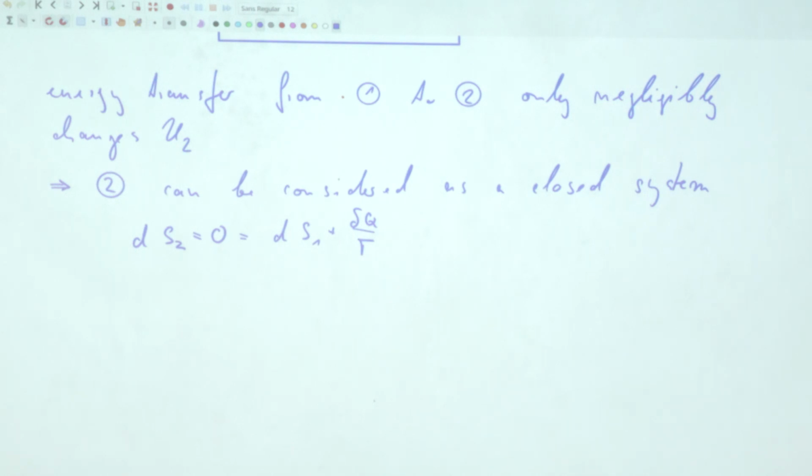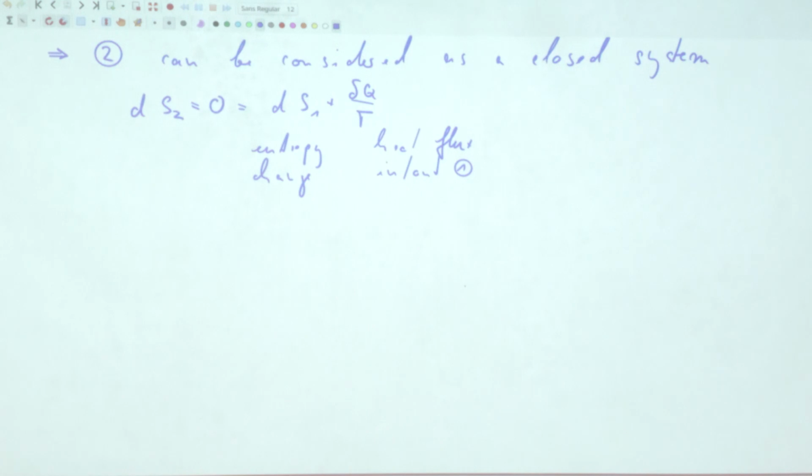So this is the entropy change, and that's a heat flux in or out of system 1. And this corresponds to a change in internal energy.